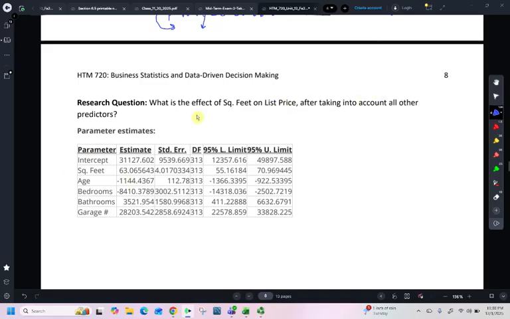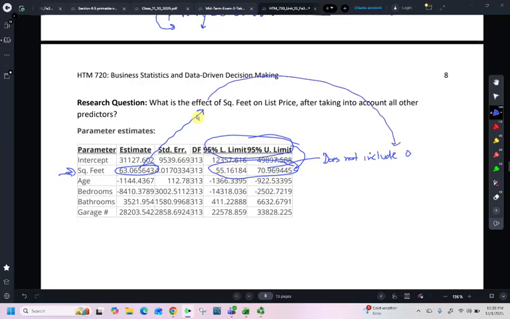So in this case, we'll need to look at constructing a 95% or a 99% confidence interval for the estimate of that effect. And we can see that it ranges from 55 to 70. This does not include zero. And because it does not include zero, it means that the effect cannot be zero.